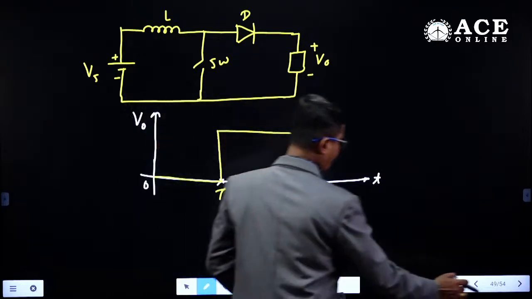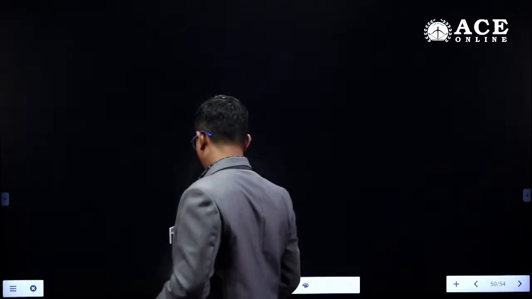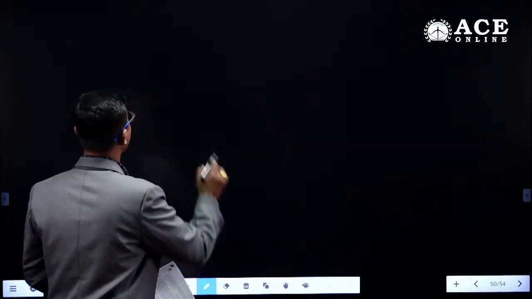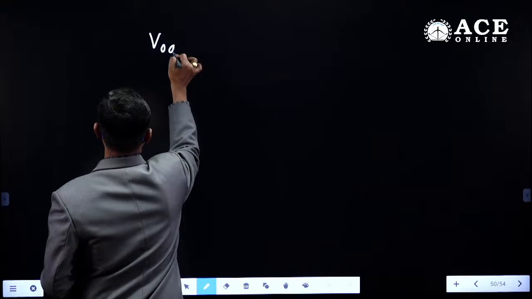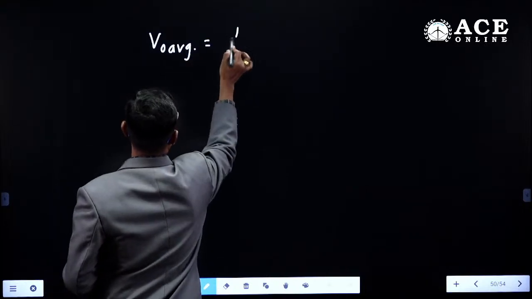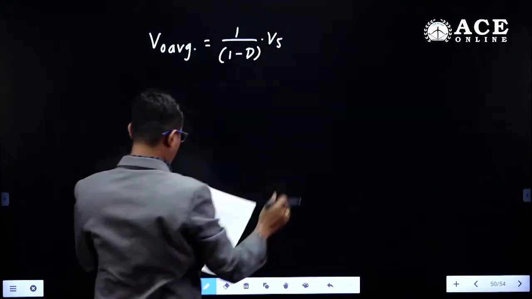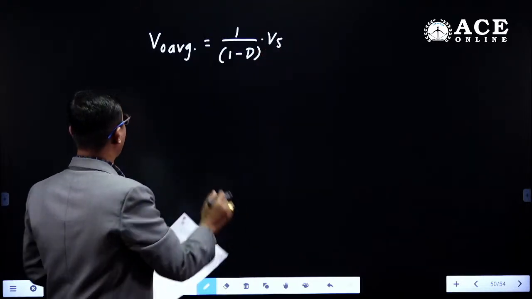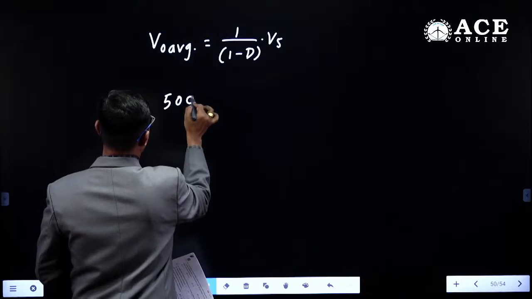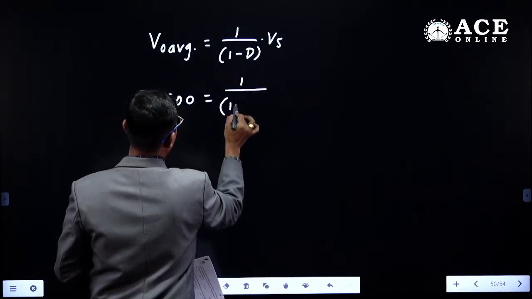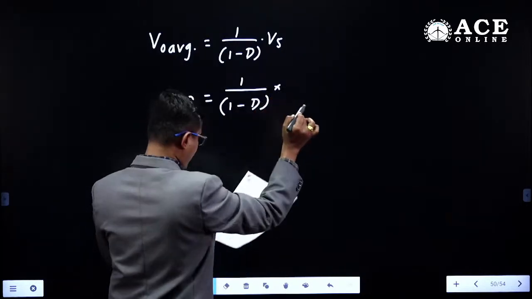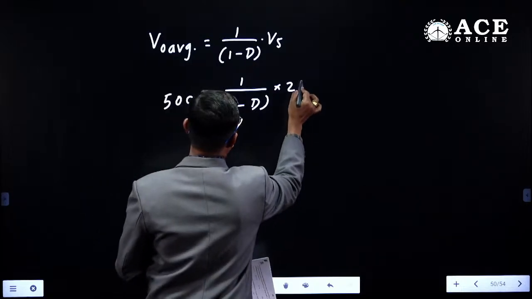So let us find. We know for the step up chopper, V0 average is equal to 1 upon 1 minus D into Vs. They have given V0 average is 500 volt, equal to 1 upon 1 minus D into Vs, which is 200.